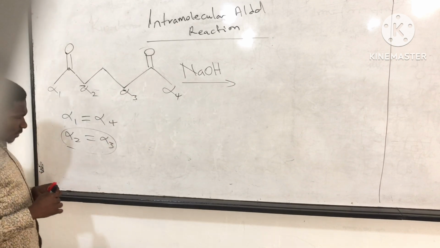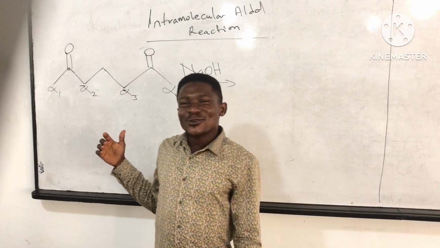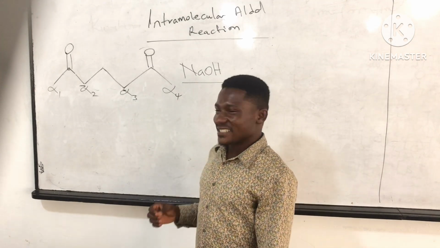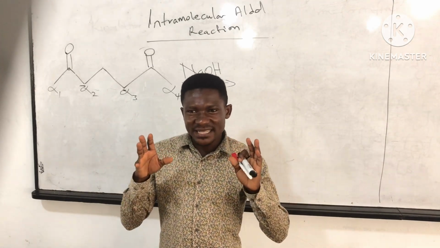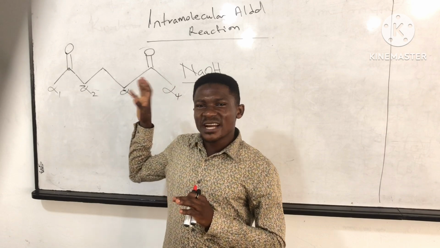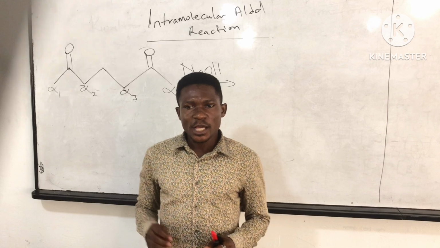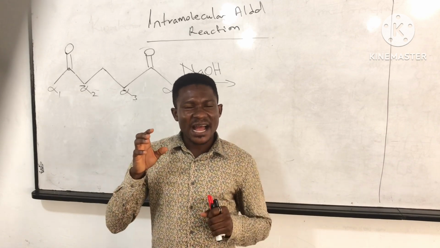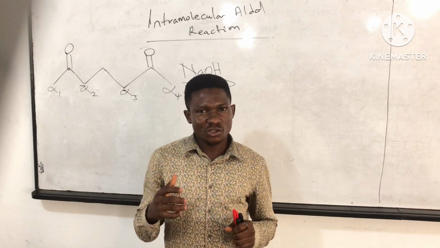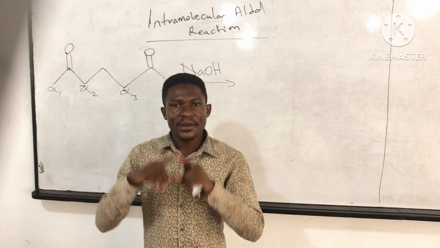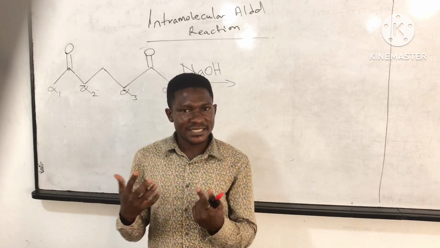Good. So another thing that you also have to focus on is that you need to bear it in mind that intramolecular aldol reactions always result in the formation of what? Cyclic products. So bear it in mind that at the end of your reaction, you are supposed to get a ring structure, a cyclic end product.